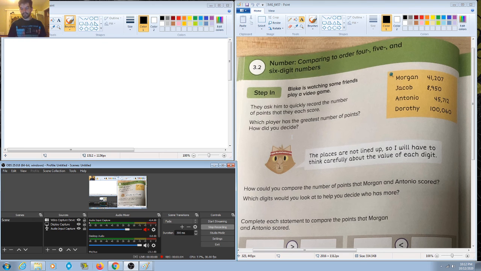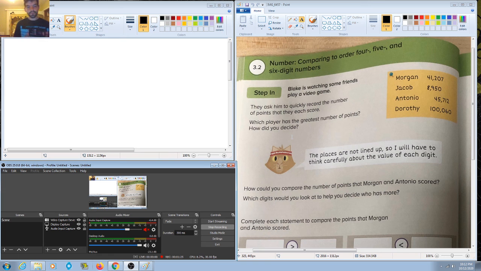That helps us right off the bat. But when we're looking at numbers with the same number of digits, we can use the strategy from last time with 3.1 and compare the digits in the corresponding place values, which gives us enough detail to order and rank these numbers.